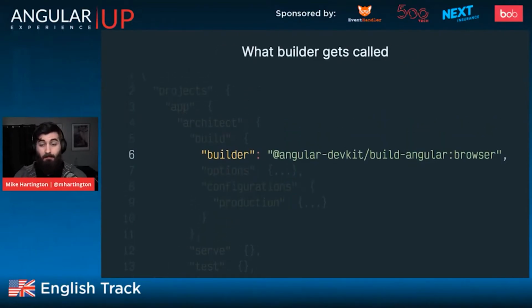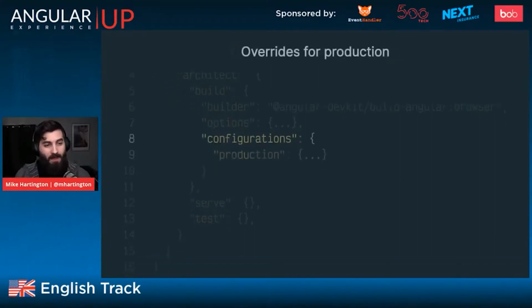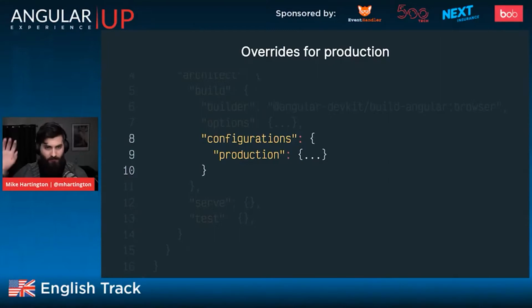This is the builder that we want to execute. Here are the options that we want to pass along to that builder. And then here are a list of overrides for different configurations, whether or not we're doing a production build, whether or not we are running in CI, or if we have a custom configuration that we want to implement ourselves. So this is really the only plumbing that we need to know about for how builders operate.